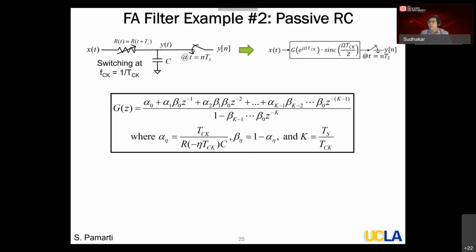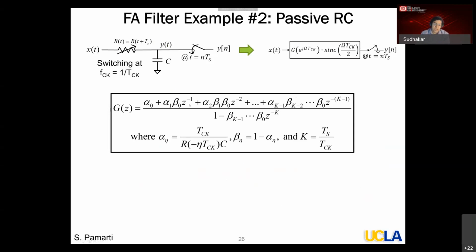So you can do a little bit of math here. I have the equations for your benefit. I'll post the lecture slides later on, you can look at it. The bottom line I want to convey is that it is as if I have a very precise discrete time filter whose coefficients are controlled. The coefficients are alpha 0, alpha 1, beta 0, beta 1, and all of those things.